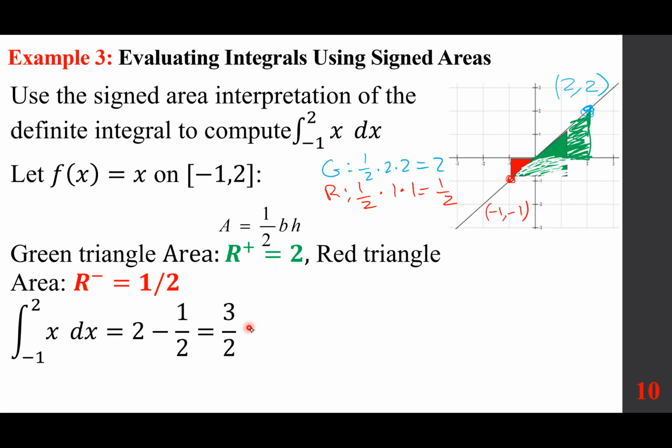Now, what I'd like to do quickly is show you, using the antiderivative and the definite integral, how we come up with the answer, and it works too. So let's look at this function, this definite integral. As you know, the function is x.